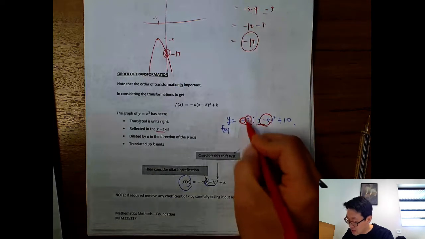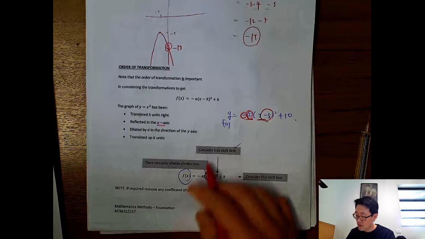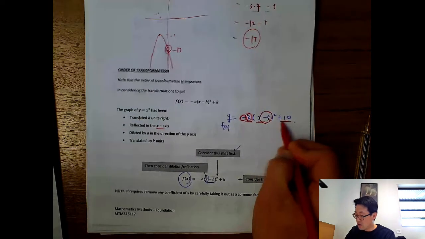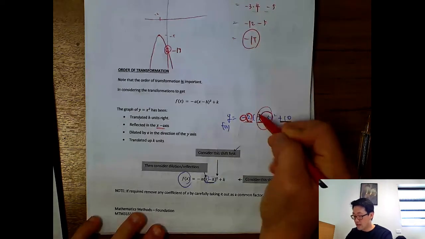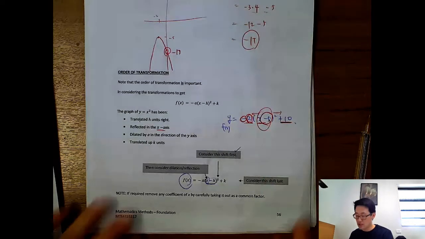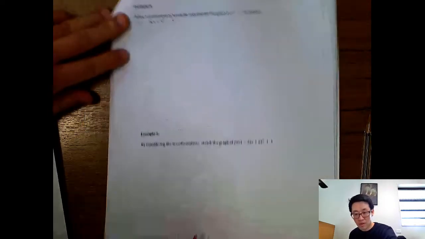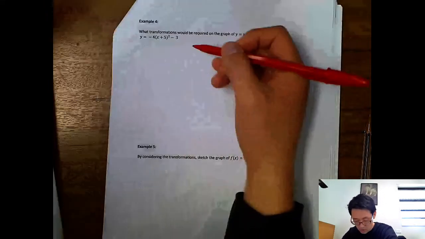And then how much dilated? 2. Dilation factor is 2. And then translate it vertically, 10. Sounds good? Yep. So you start from near x and expand it. That's probably the easiest way to remember this order. So you can continue that. I'll just do one question with you. It's all there.